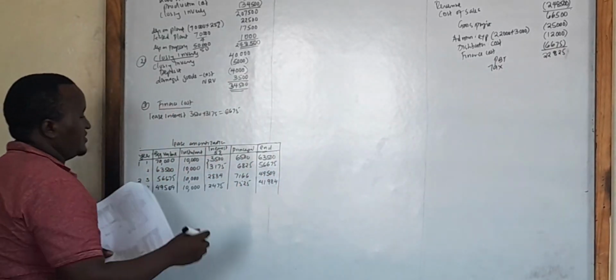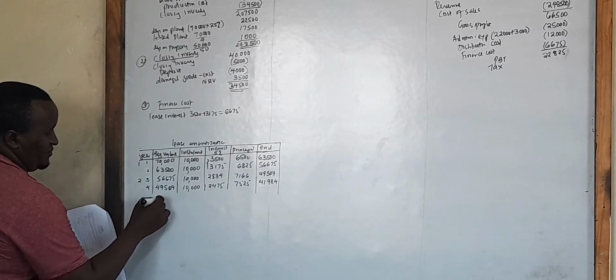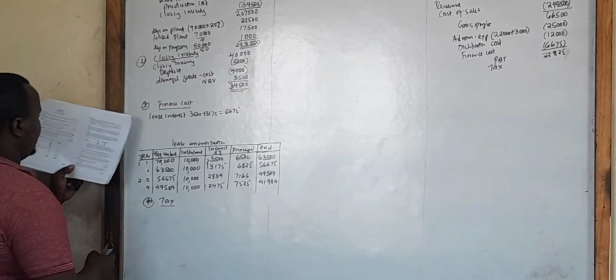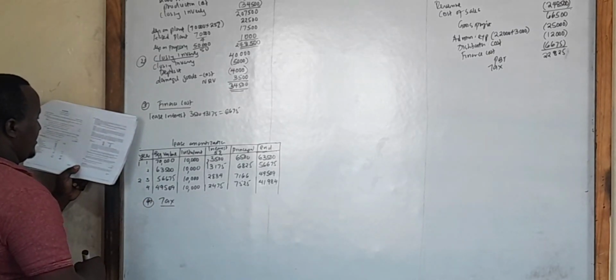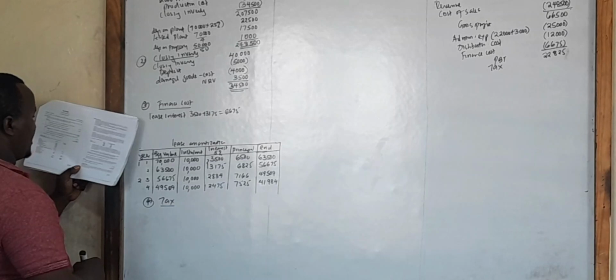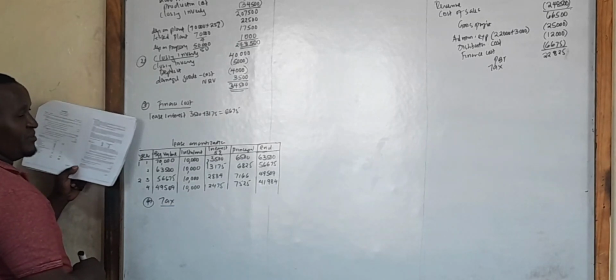Let's deal with that. Working number 4. Our tax is note number 5. The estimated income tax liability for the year was 5. The balance of the income tax account in the trial balance is the residue of the previous year after making the payment for the year.